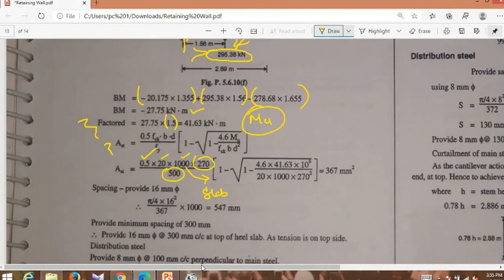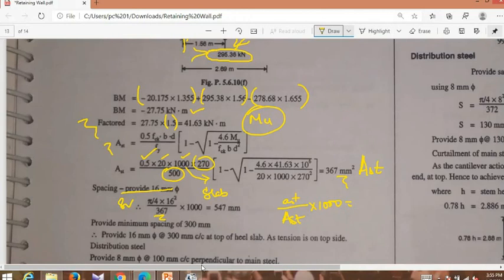Depth is given. So on simplification, how much have we got? Area of steel as 367 mm square. This is capital Ast. Then we have to determine the spacing. It is given which type of bar you are using, 16 mm bar. Spacing is small Ast divided by capital Ast multiplied by 1000.